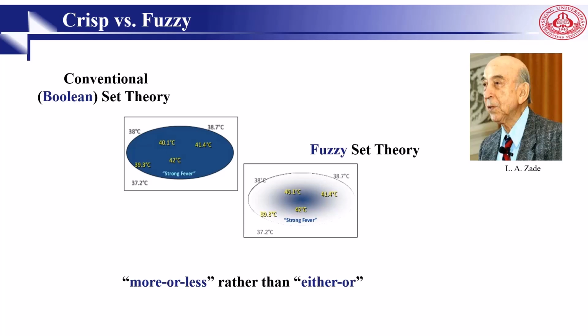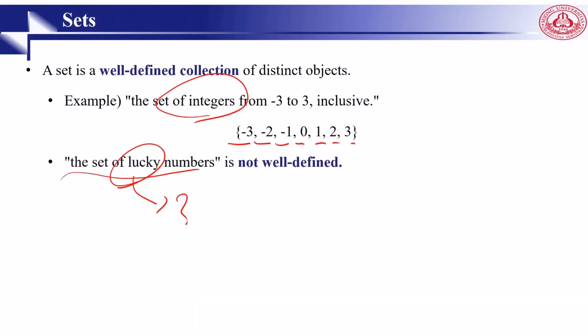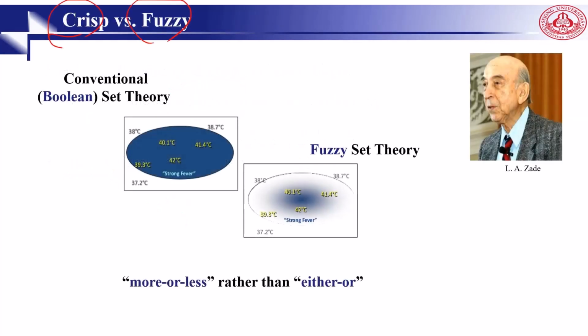So when we say the set of -3 to 3, for example, it's very clear which elements are there, well defined. But fuzzy sets are not clear. Let me give you an example. Here you can see the body temperature of a human, right?